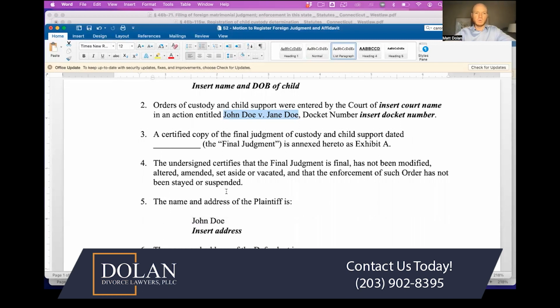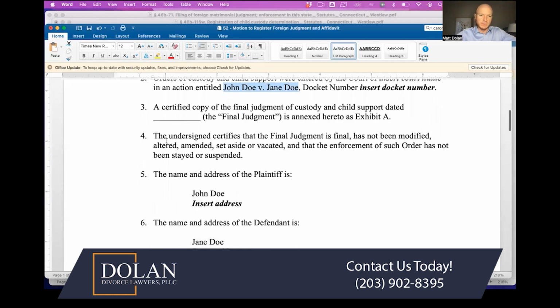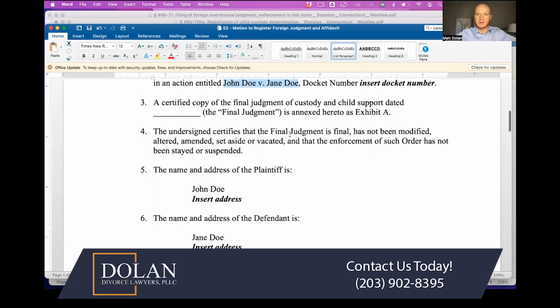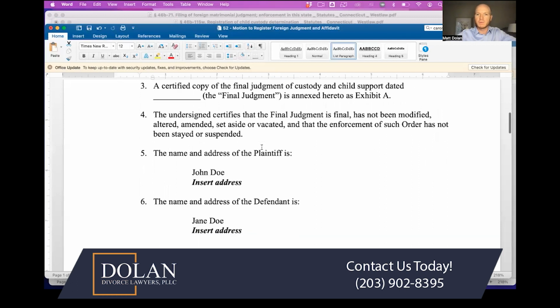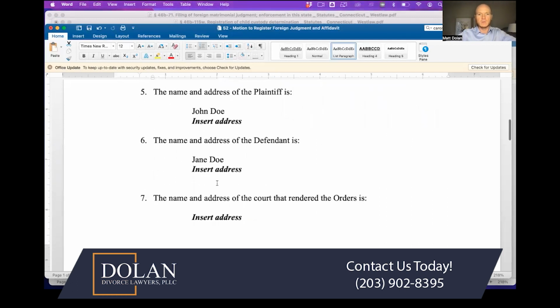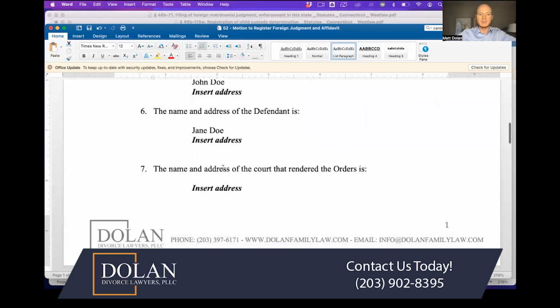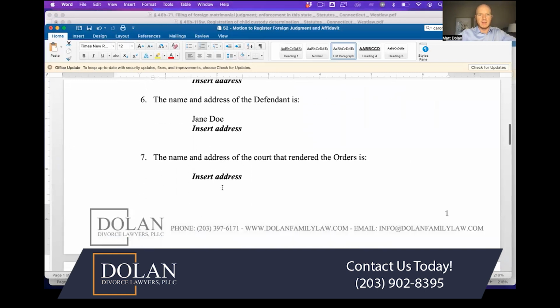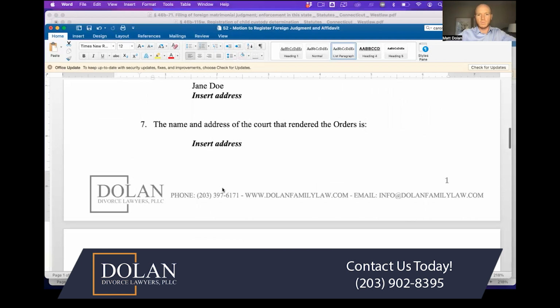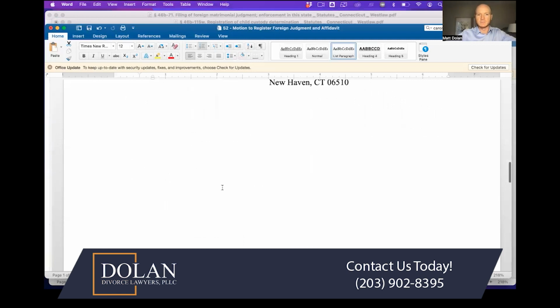So 2 copies total. You have to indicate that the undersigned certifies that the final judgment is final, has not been modified, altered, amended, set aside, or vacated, and that the enforcement of such order has not been stayed or suspended. Include the names of both parties, the name and address of the court where the order was entered.